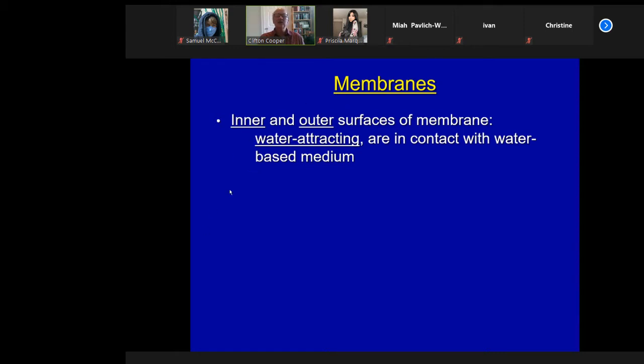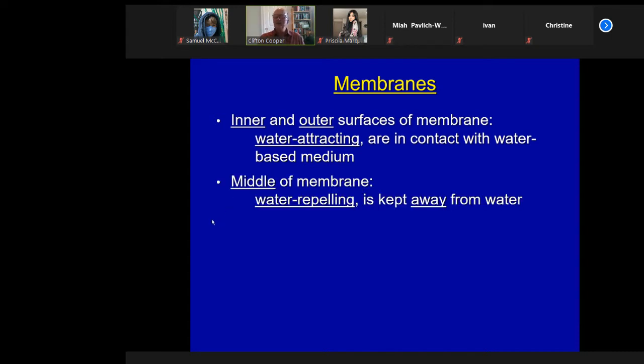But any way you look at it, the surfaces of the membrane are water attracting. They have those polar head groups as part of the phospholipids. So those surfaces want to swing around and be in contact with water and other polar things that would be dissolved in the water. Then you have the middle of the membrane, and that is a water repelling region that hides away from the water that is in the cell.